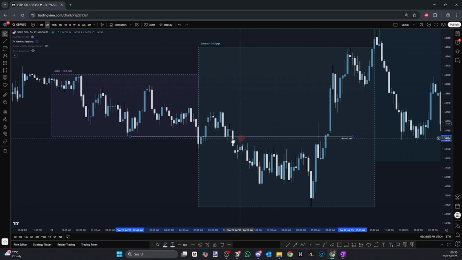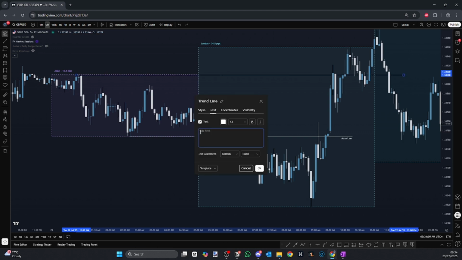After it went below the Asian range, price consolidated a little bit. And then we traded bullish towards the upside, taking the Asian high, the liquidity which sits on the top side of the Asian range.